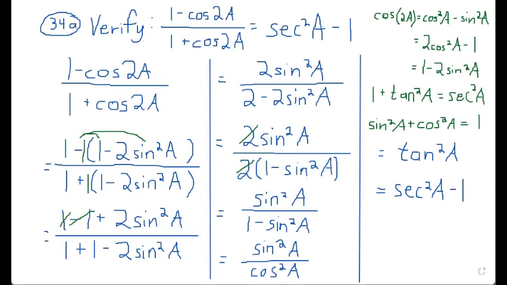So we get secant squared of A minus 1 on the right side, and on the left side we just have tangent squared of A. So tangent squared of A is equal to secant squared of A minus 1. So we're able to rewrite it as secant squared of A minus 1. And that is the completion of our verification of the identity.